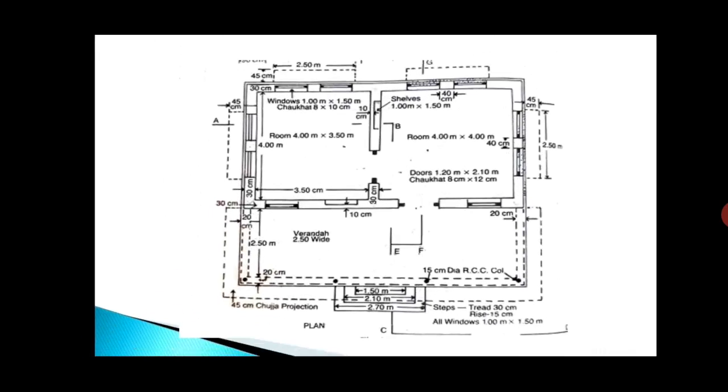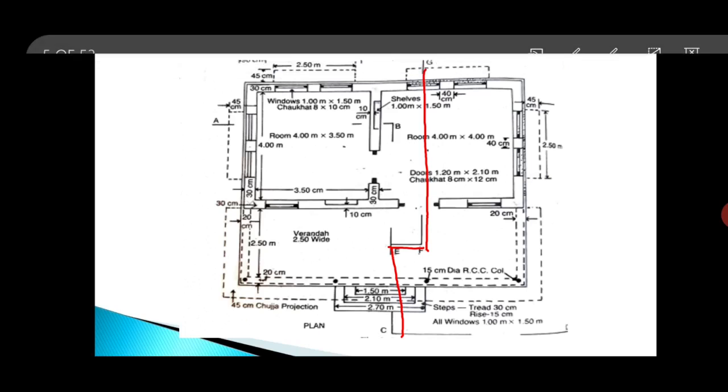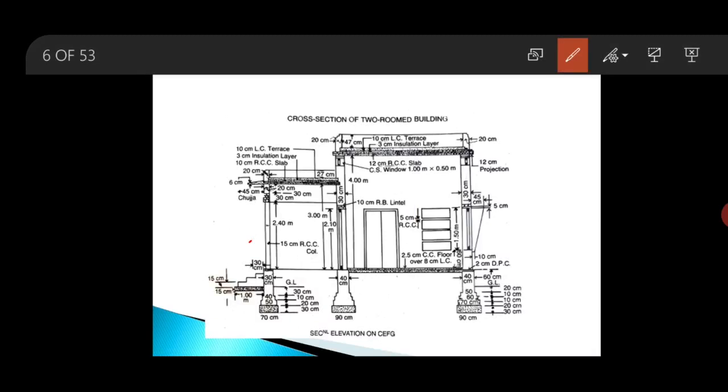So this is the section which is drawn at C, then E, then F and then G. So this will show you first the veranda wall, then the entire width of the veranda, then the 30 centimeter wall, then the one door, shelf and the outer wall of the building, that is 30 centimeter.